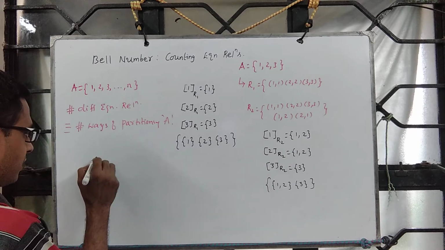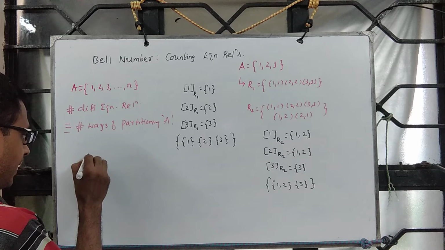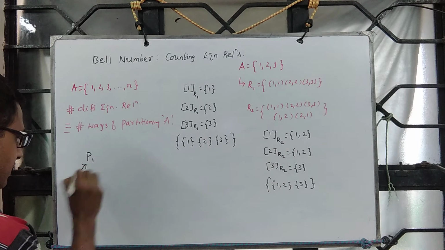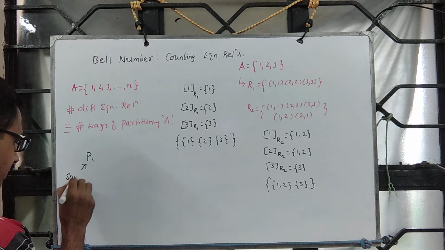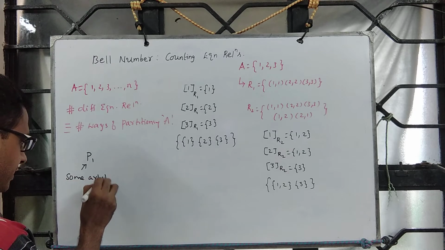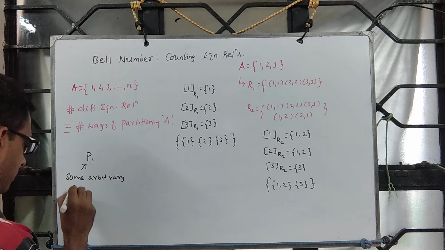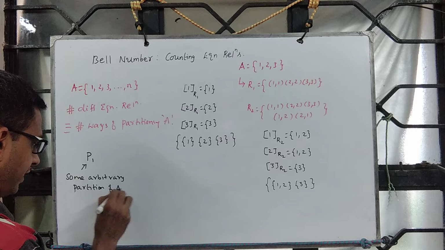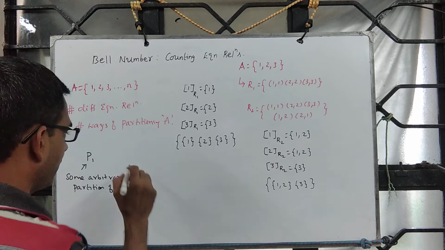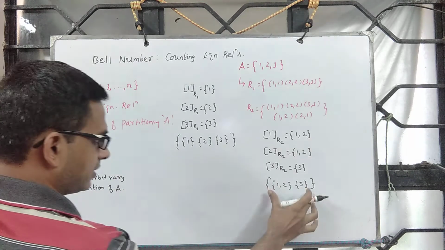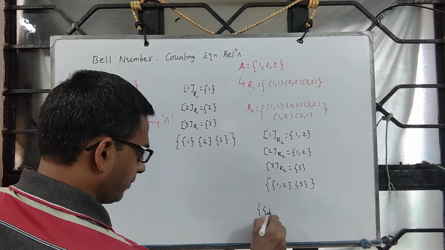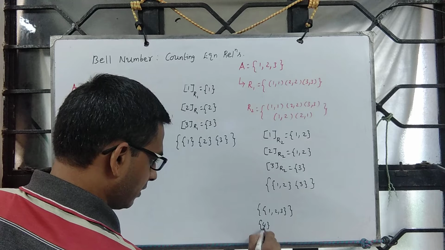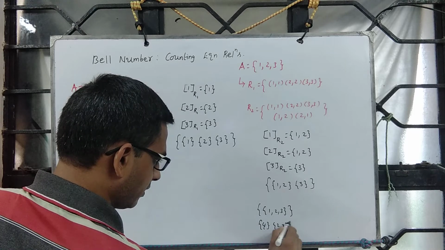Please pay attention. You take an arbitrary partition of A. So P1 represents some arbitrary partition of the set A. That could be this, or it could even be {1, 2, 3}, or it could be {1}, {2}, {3}. So it could be anything.